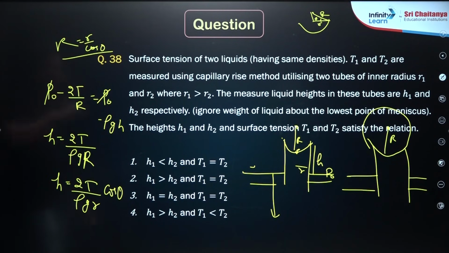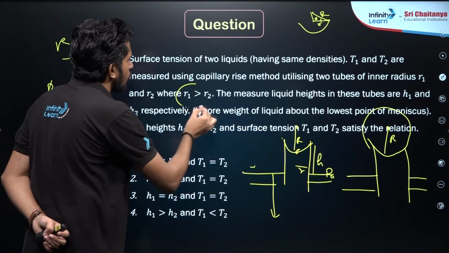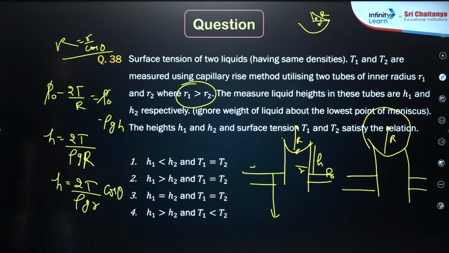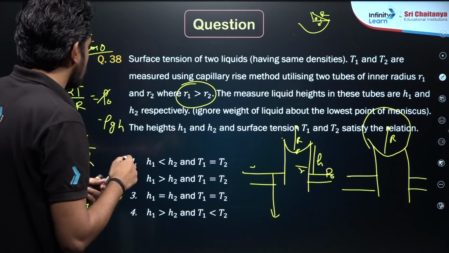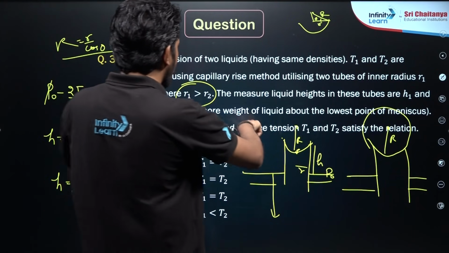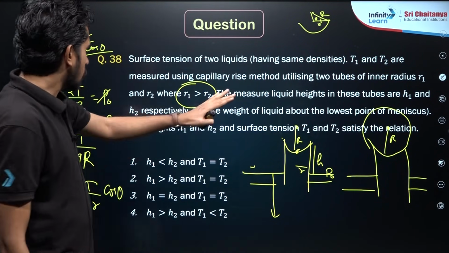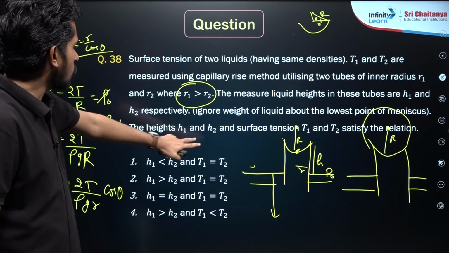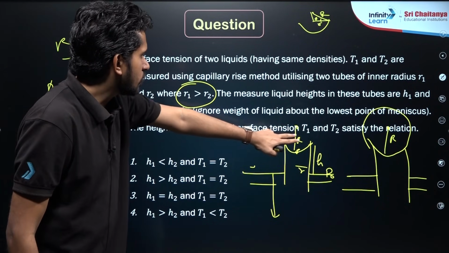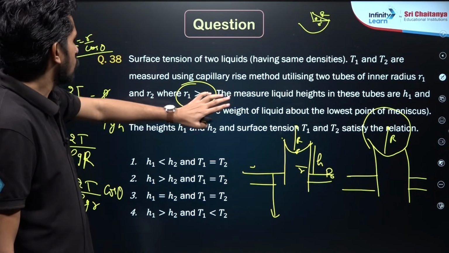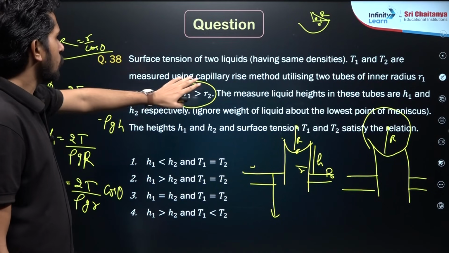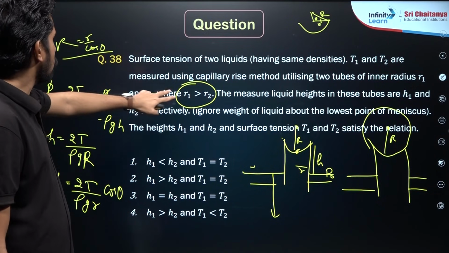Okay. So if it is given that R1 is greater than R2, but we have tensions as well. What's the other thing? Ignore weight of liquid above the lowest point of the meniscus. The heights h1 and h2 and surface tension satisfy the relation.